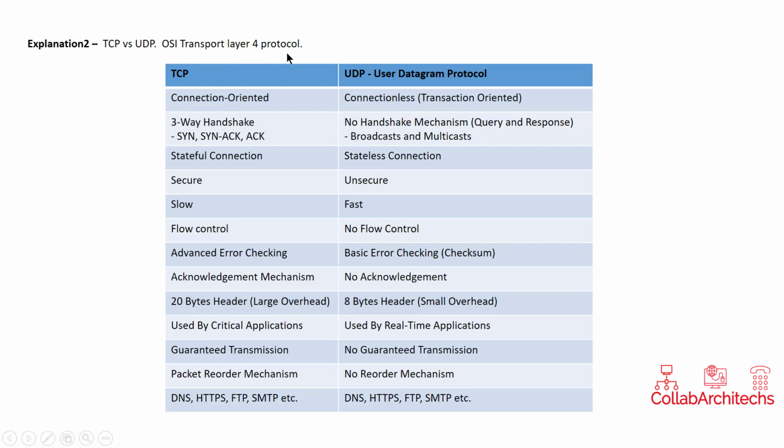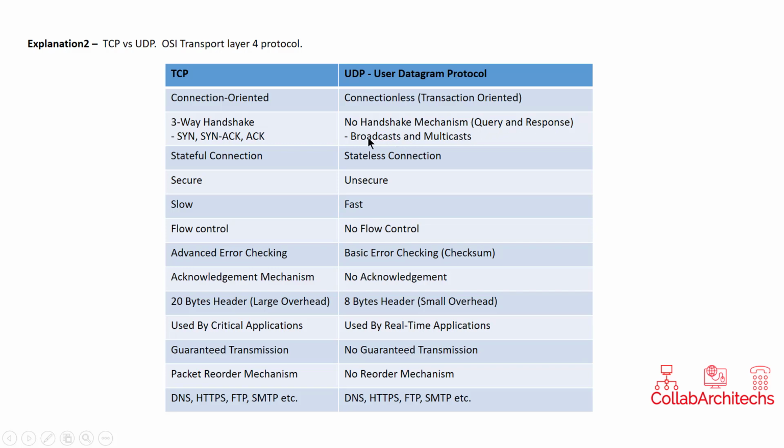TCP, the transmission control protocol, is a connection-oriented protocol, whereas UDP is a connectionless protocol. TCP works on the three-way handshake mechanism, which we already saw: SYN, SYN ACK, and ACK. In UDP, there is no handshake mechanism, but it works on query and response.